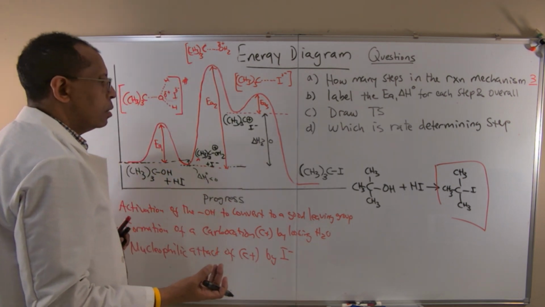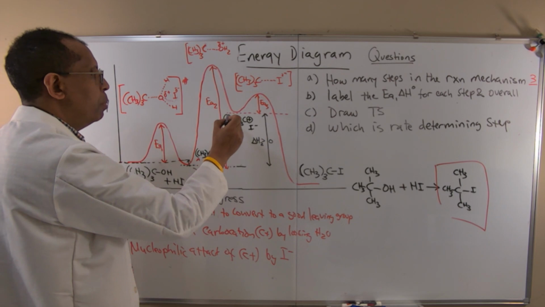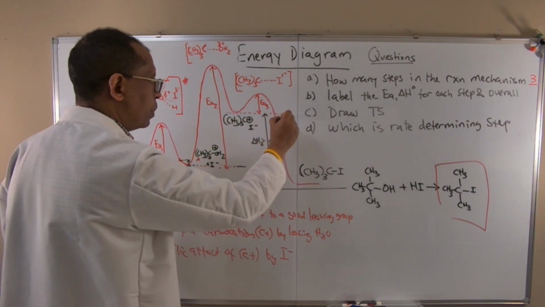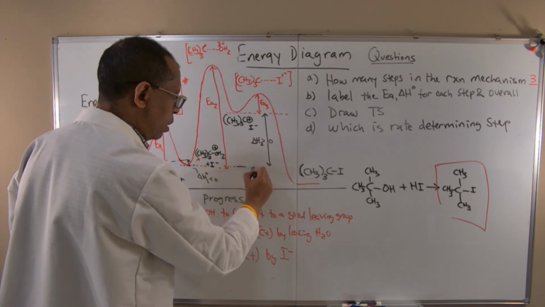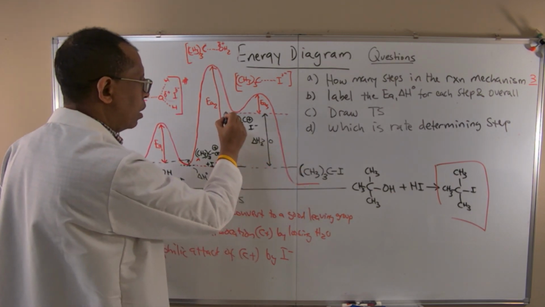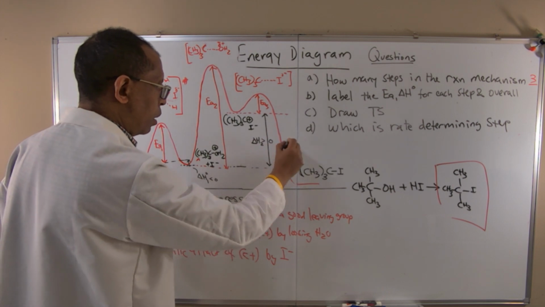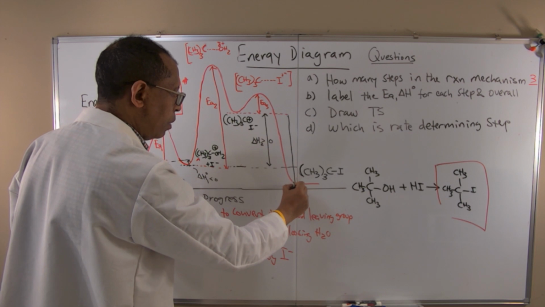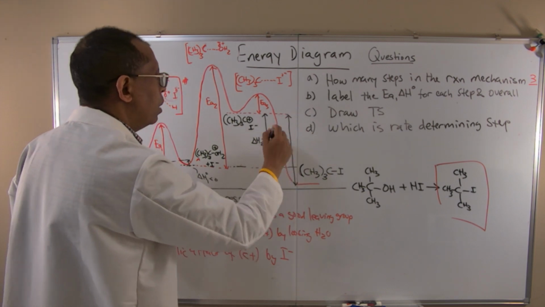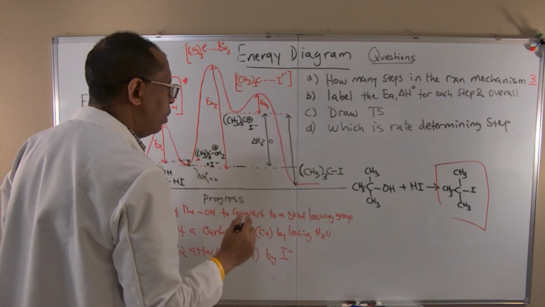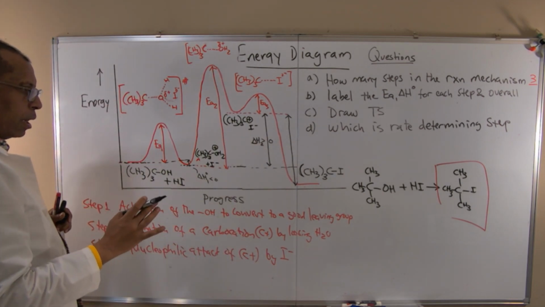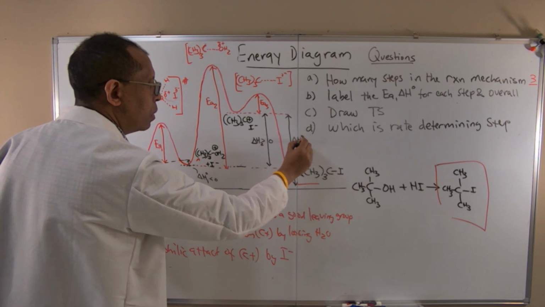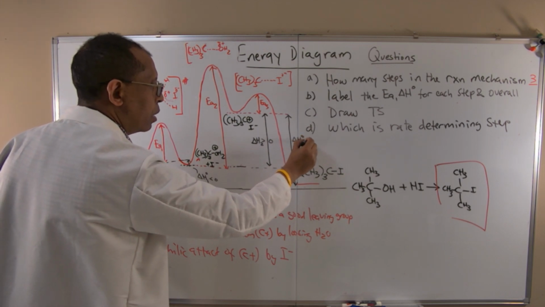Now, how about the last step? The starting material is right here, and the product is down here for the last step. So this is delta H3, which is also less than 0.